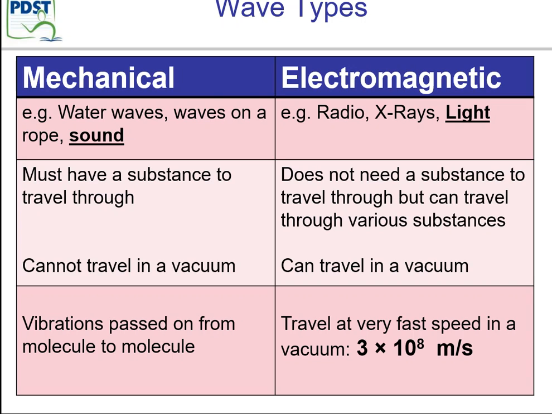Now, let's look at these two types of waves: mechanical versus electromagnetic. Mechanical waves, some examples are water waves, waves on a rope, like a battle rope, and sound. The important fact about mechanical waves is that they must have a substance to travel through.